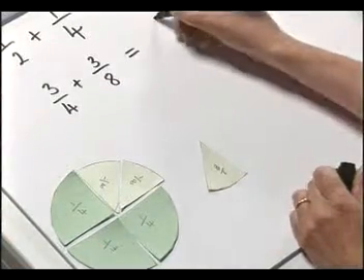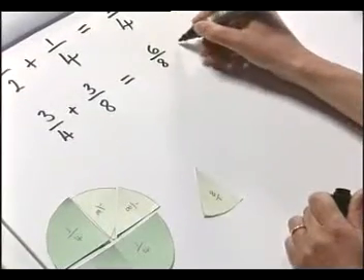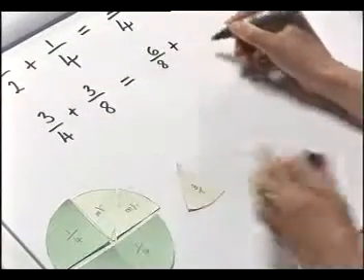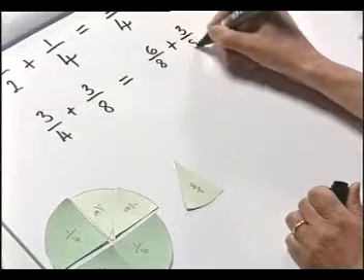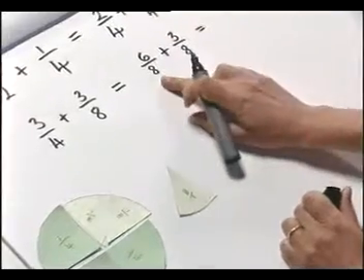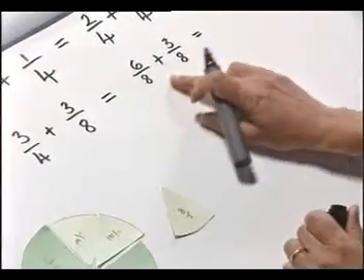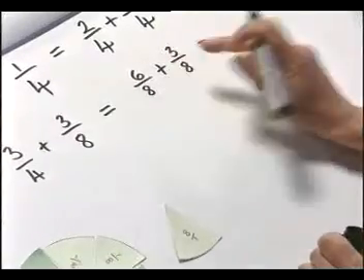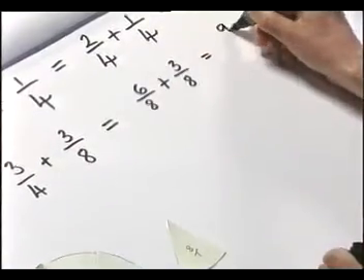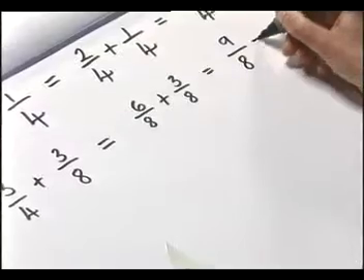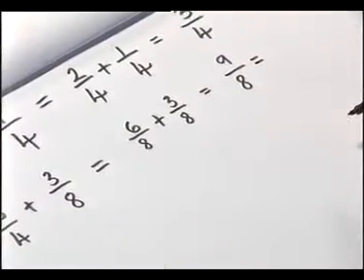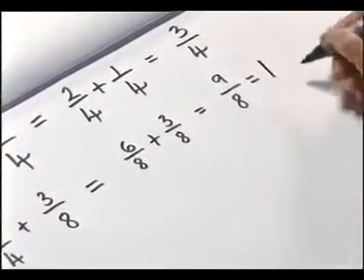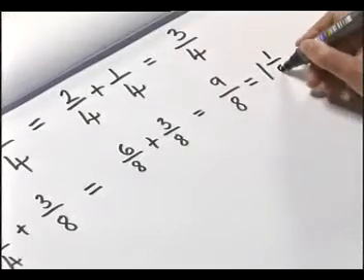So we have 6/8 plus our 3/8. Now again, we have fractions with the same denominators, so we can just add the numerators. So we get 9/8, which we saw at the beginning is a whole one with 1/8 left over.